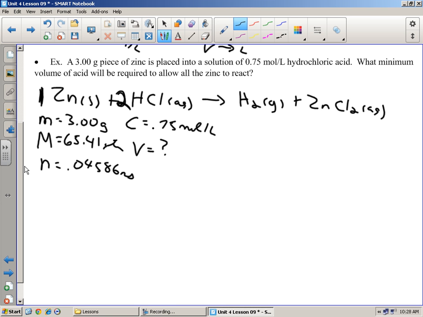For every mole of zinc that I have, I would need 2 moles of hydrochloric acid to use up that zinc. That would be a perfect reaction where there are no leftover reactants, no excess, and no limiting reactant. If I used 1 mole of zinc, I'd have to use 2 moles of hydrochloric acid to completely use that up.